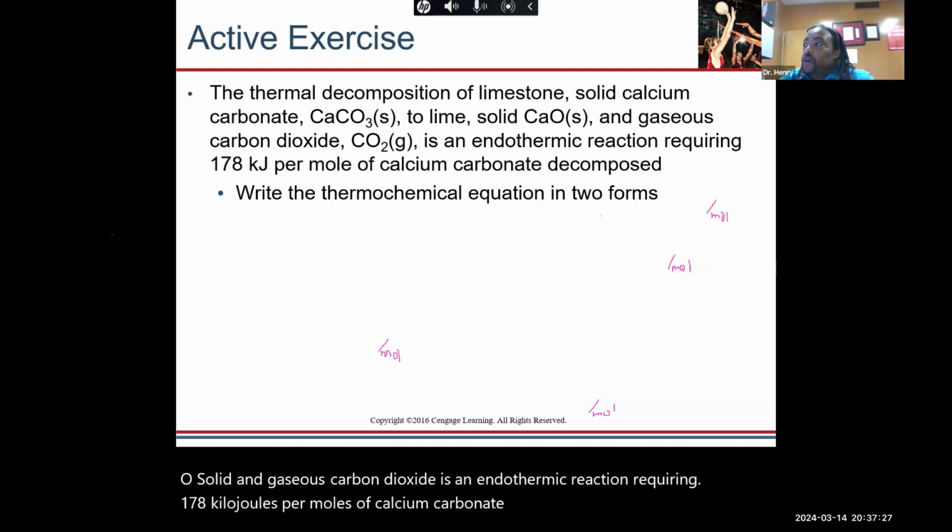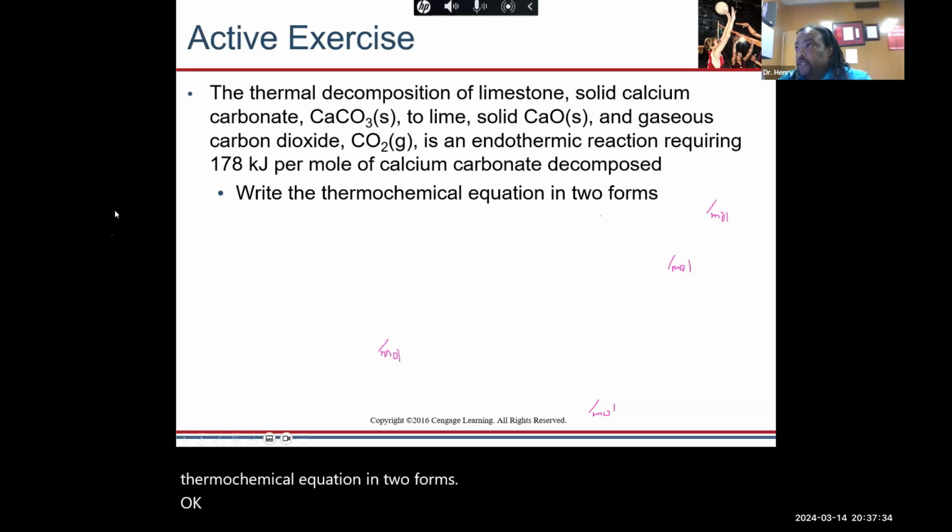Write the thermochemical equation in 2 forms. Okay, so what are my products in this case?